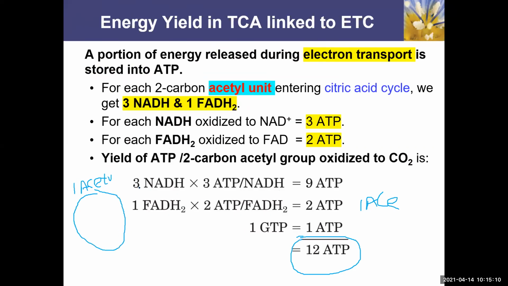We say that it produces 3 NADH, 1 FADH2, and 1 GTP.